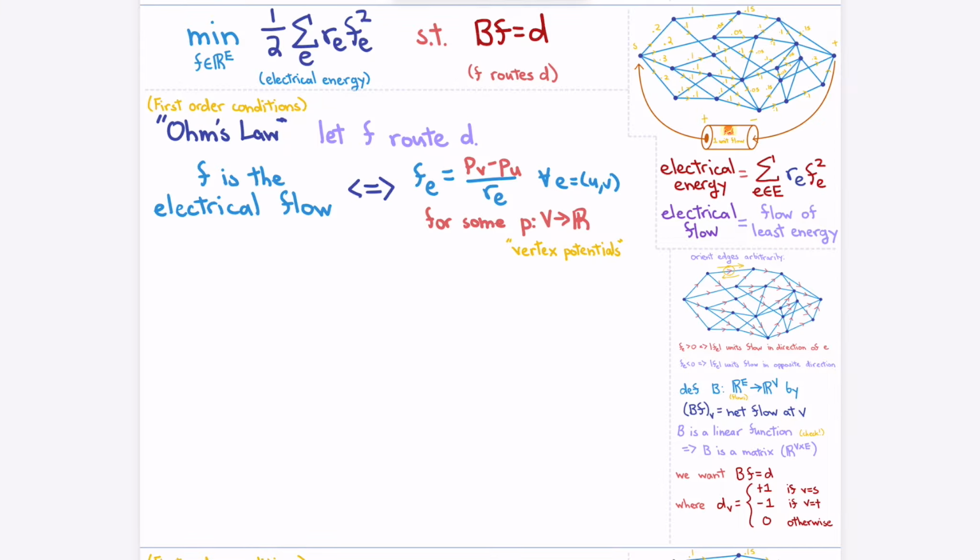So F is the electrical flow if and only if there exists some kind of vertex potentials that induce the flow. And in turn, those potentials have their own meaning in the study of this stuff in physics.